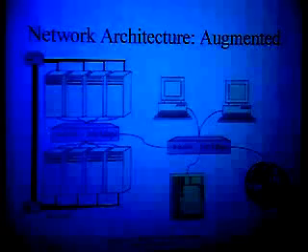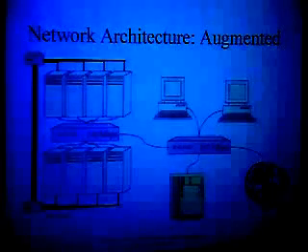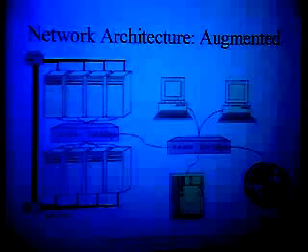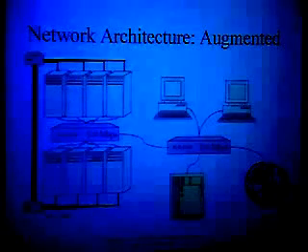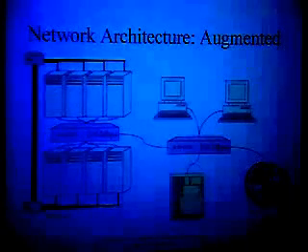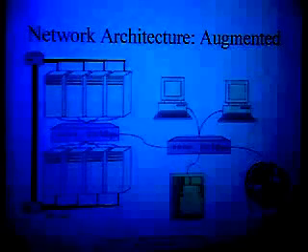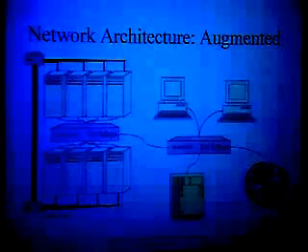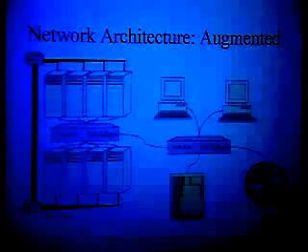So, augmented is more like what NCSA does with the Platinum cluster, where you have a public network interface which is attached to the rest of the world, and you have a secondary network which is the high-performance interconnect, say Myrinet or Quadrics or some other similar interconnect, which is private. And then all of the message passing traffic for the parallel application occurs over the secondary network.